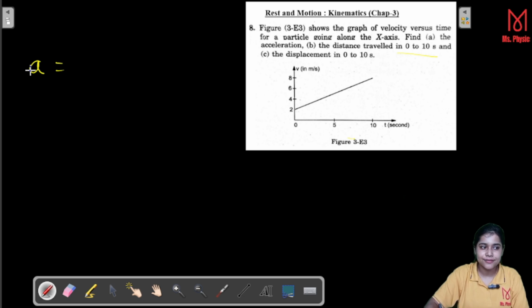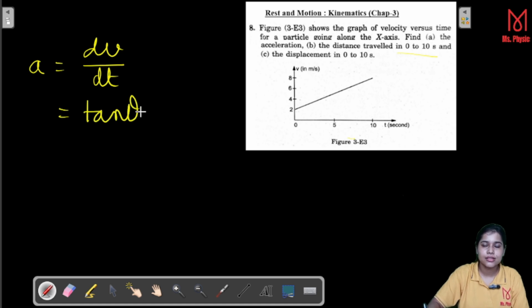If A has to be calculated and V and T are given, then the formula is dV by dt, which is equal to tan theta, the slope. Tan theta is perpendicular over base.